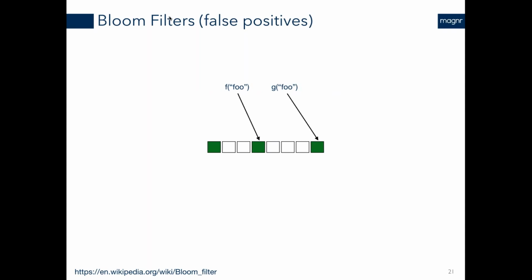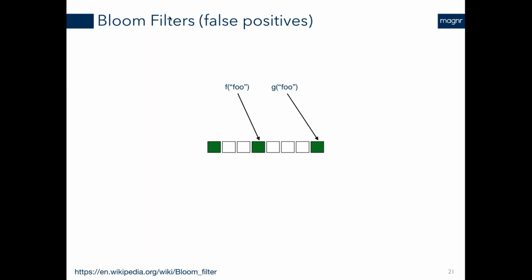When I was talking about hashing collisions earlier, the probability of 2 things hashing to the same output, here is an example of 2 things that may well hash to the same indexes in a bit array. So we've got the f of foo and the g of foo, and they mark positions 3 and 8. Now, we know from the previous slides that actually those were marked by hello and world, I think, when they were input. So what we have here is a false positive.